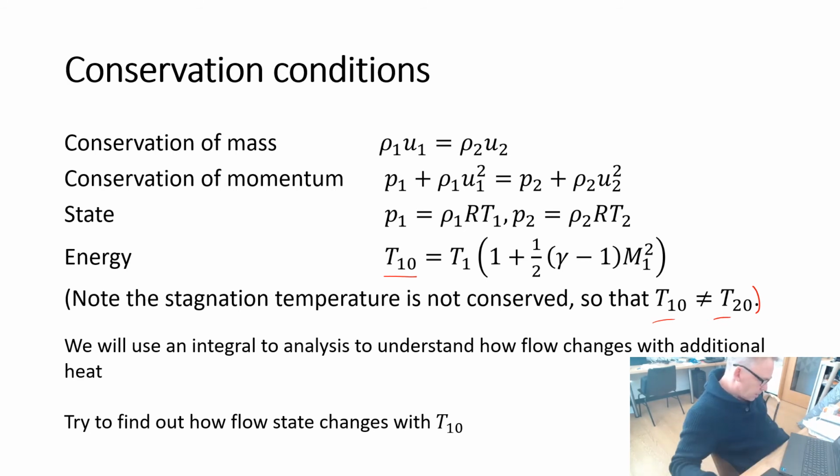And just to give you a heads up, we're going to use critical stagnation temperatures, which are going to be conserved in this particular problem. Critical stagnation temperatures, not stagnation temperatures themselves.